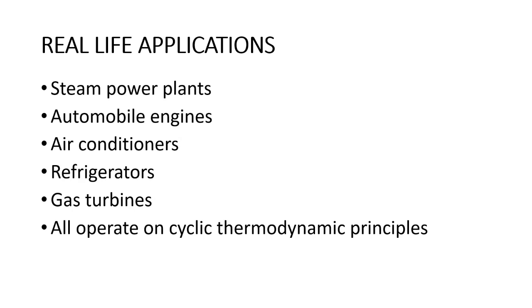In short, almost every energy conversion device, from cars to refrigerators, uses thermodynamic cycles to convert heat into work or vice versa. That's why thermodynamics is so important in engineering as well as daily life.